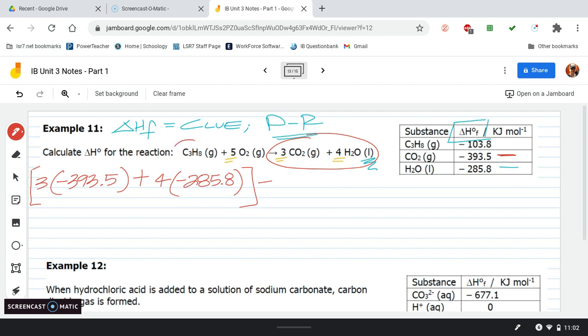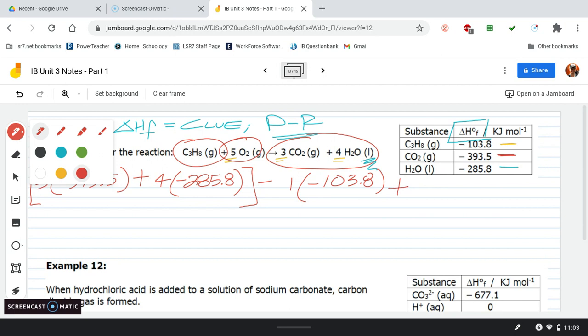So then we're going to do the C3H8. So that would be 1, because there's only one of them, times the C3H8, and looks like that's right there, negative 103.8. Okay, and then we're going to add that to the oxygen. But see, the oxygen is an element, so it's a 0. And it's not just because it's an element, it's an element in its standard state.